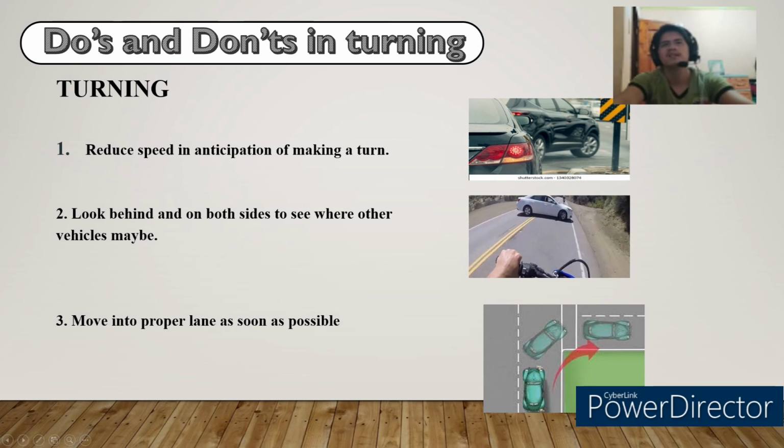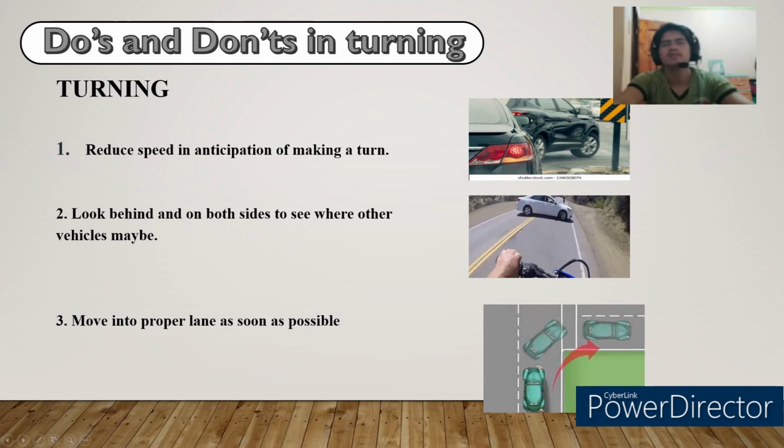But I always recommend not doing that kind of driving, for the safety of the drivers and also for our safety. When we are about to make a turn, we must always reduce our speed.